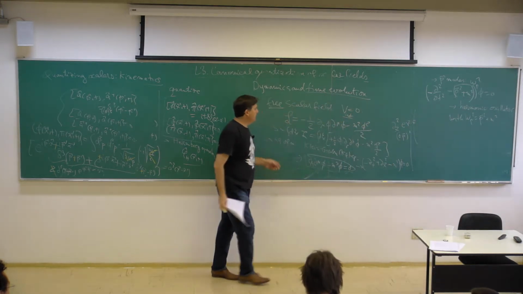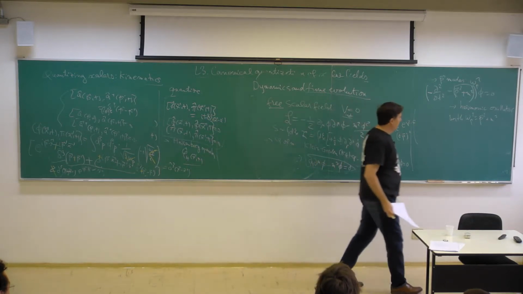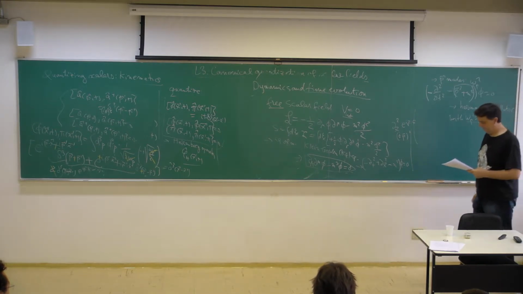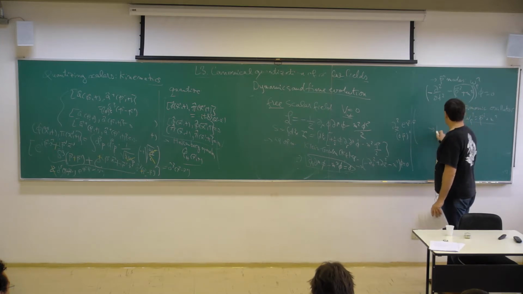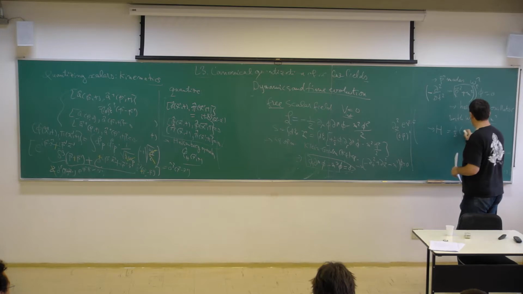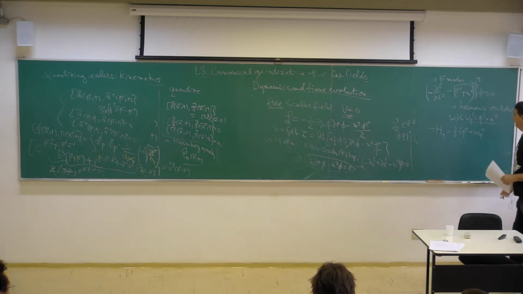So the equation of motion of the free scalar field is just, for each momentum mode, a harmonic oscillator with this omega p. So therefore, for each of these modes, we have an H that is 1/2 p squared plus omega p squared phi squared.